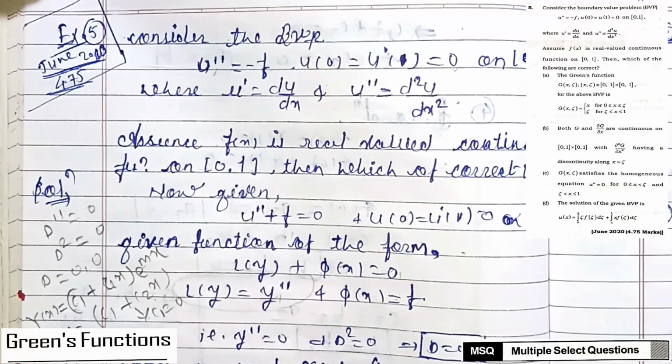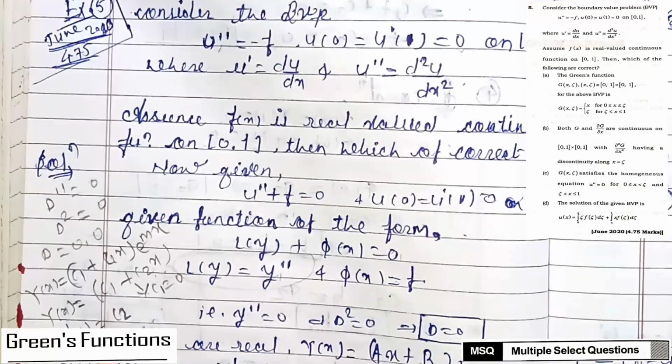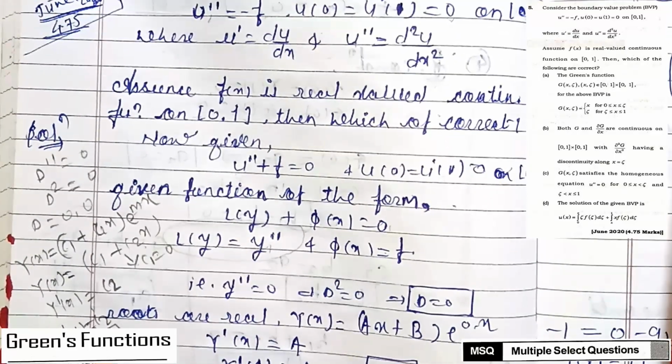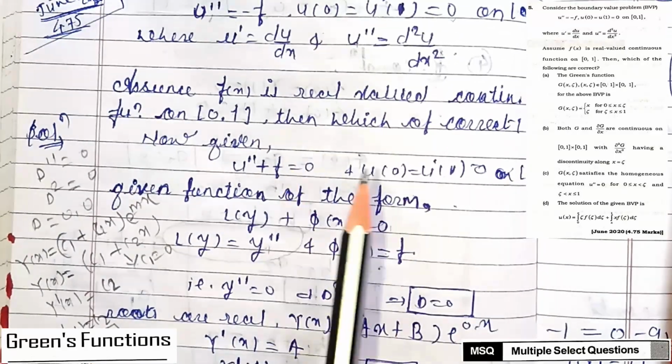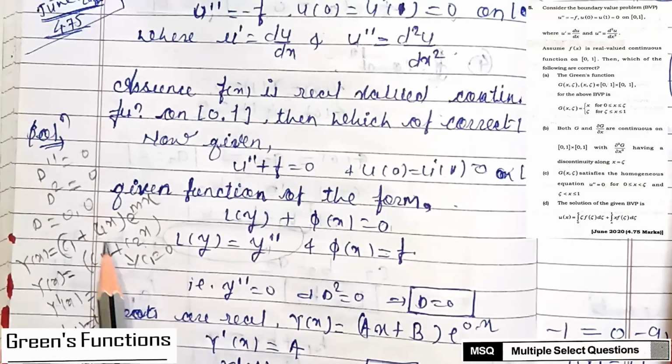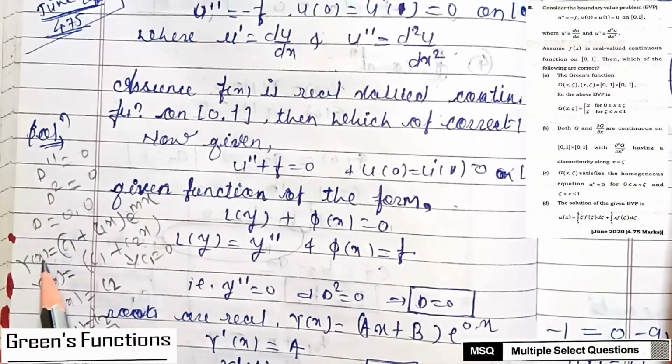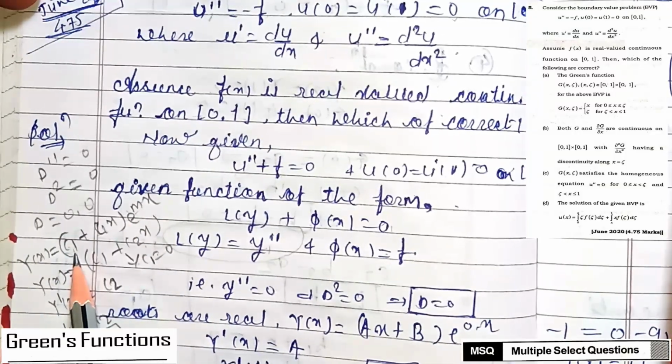If c1 is 0 and c2 is 0, put these values in our equation. So y of x, with c1 and c2 both 0, is totally 0. So y of x is coming 0.